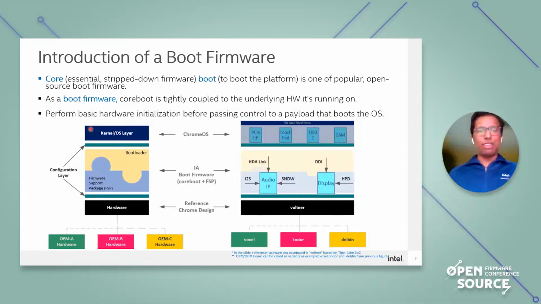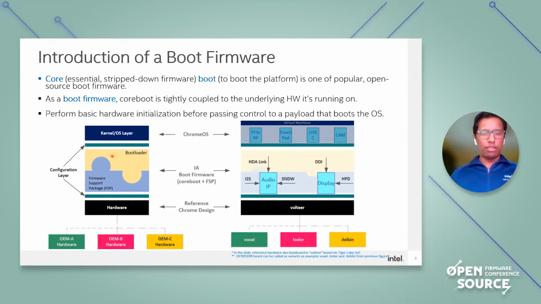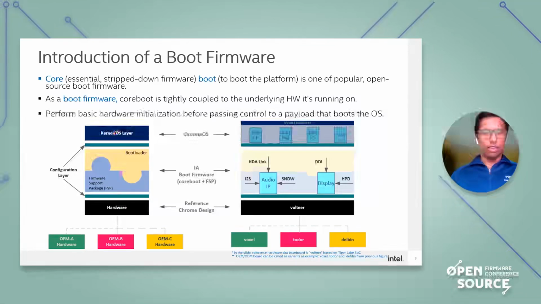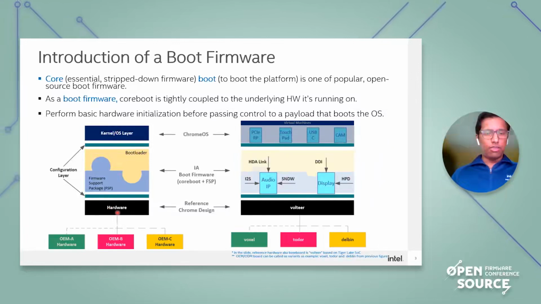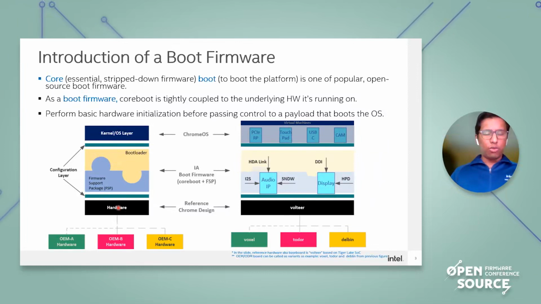The verified tested stack that every product team wants to develop is a combination of three things: hardware, boot firmware, and kernel. Hardware is the essential piece, and it may be a combination of different hardware components.